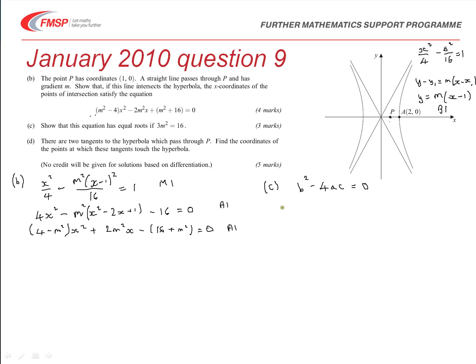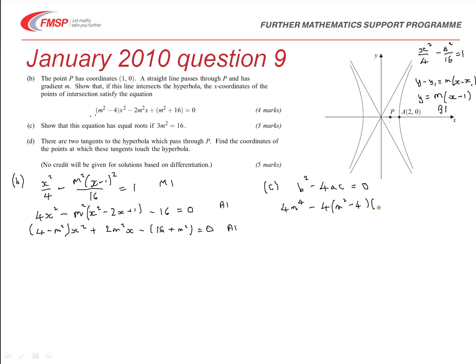So in our particular case, b is 2m squared, lots of x, so the 2m squared is the b part. So if we square that, we get 4 lots of m to the power of 4, minus 4 times a, well the a is the m squared minus 4, and that has to be multiplied by the value of c, which is the m squared plus 16.